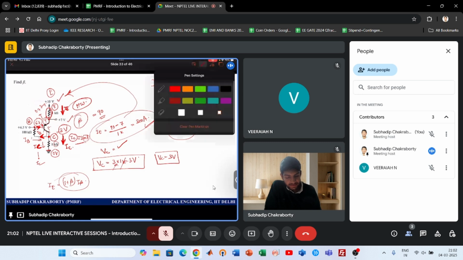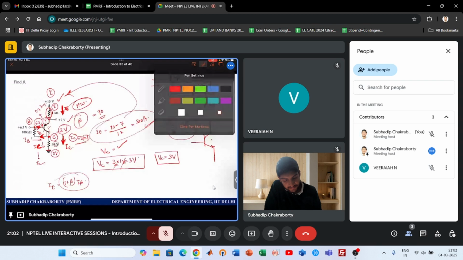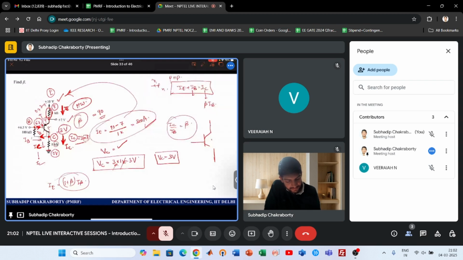Just let me draw it clearly. So this terminal, let me draw it in an inverted way. So this is what it is, a PNP, because that's why I am getting confused, right?